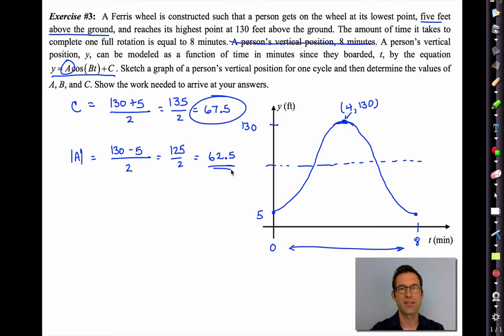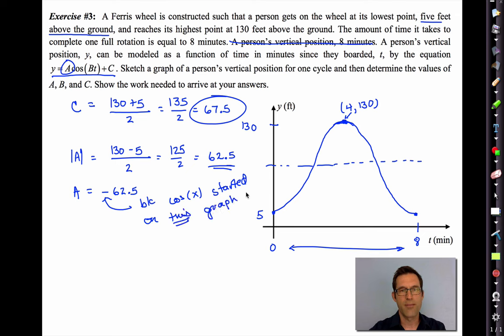Again, not that nice. But that's not actually the value of A, right? A is actually negative 62.5. And the reason it's negative is because cosine started on this graph at its minimum.